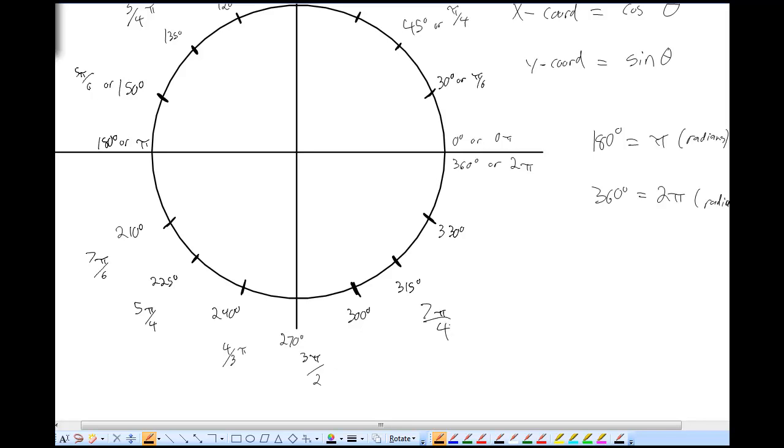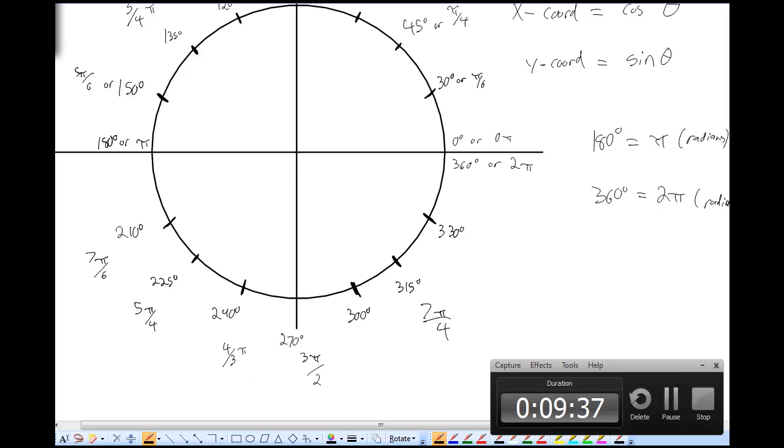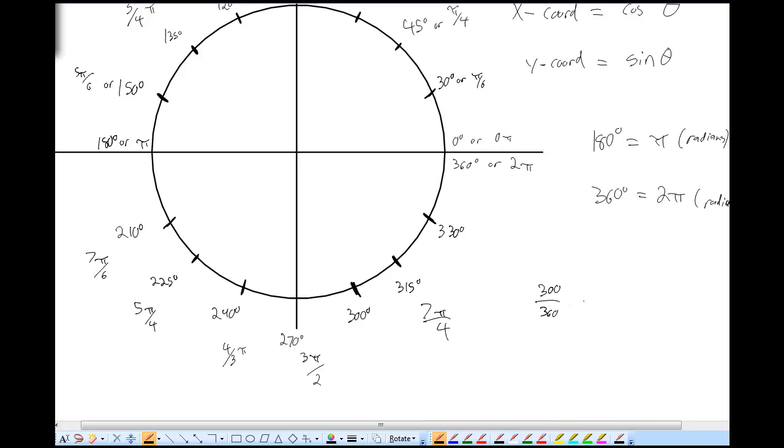Alright, so now that we almost have all our pi radians filled out, we can get all the way around the circle. Remember, a unit circle is a circle with a radius of 1.